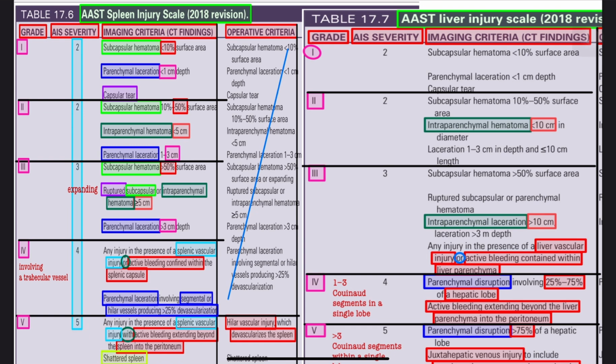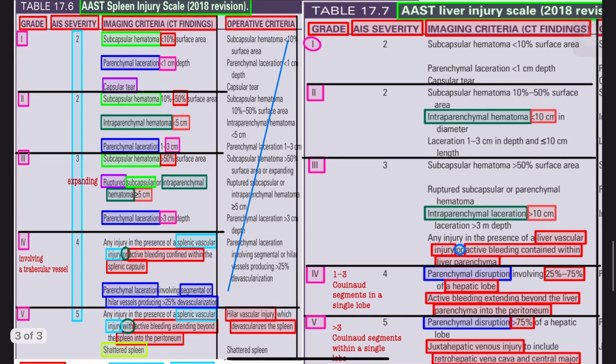In grade 2, with respect to spleen, everything is the same in liver except that, since the liver is larger in size compared to spleen, intraparenchymal hematoma is less than 10 instead of less than 5.